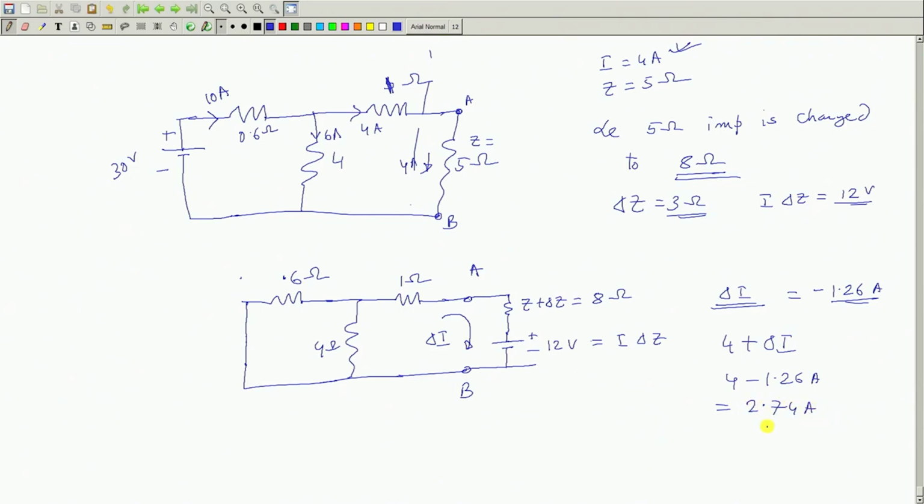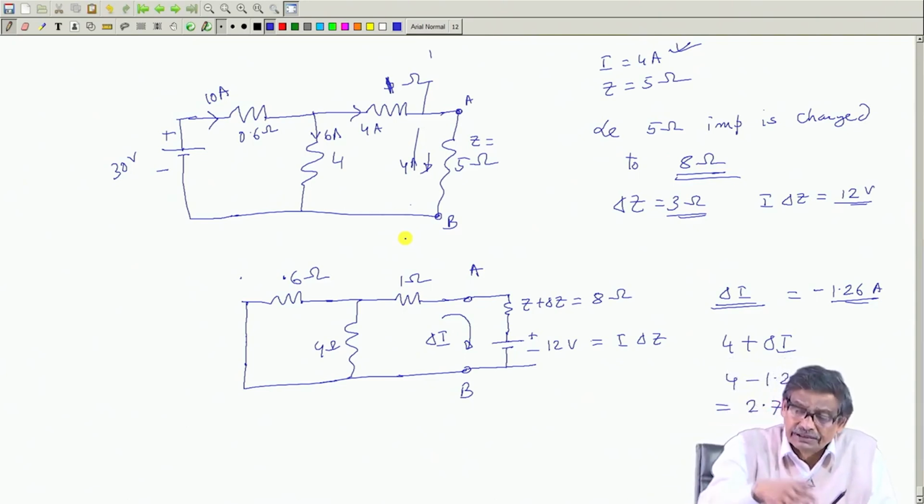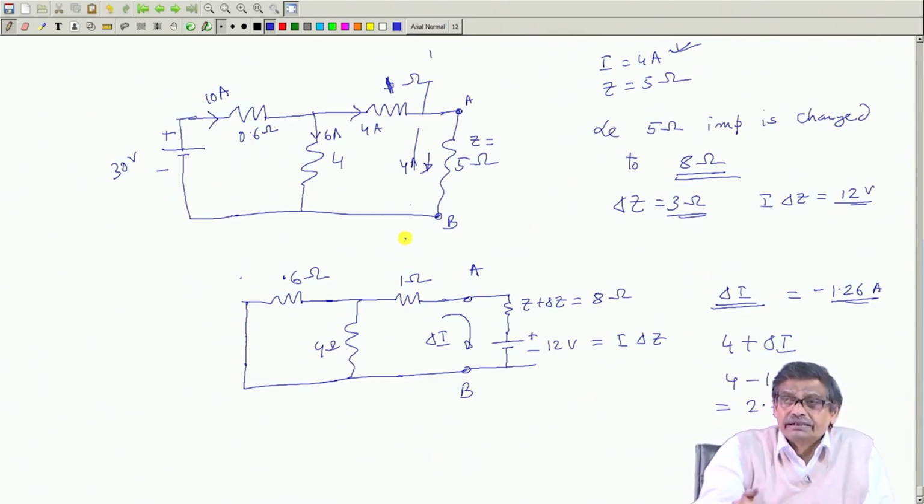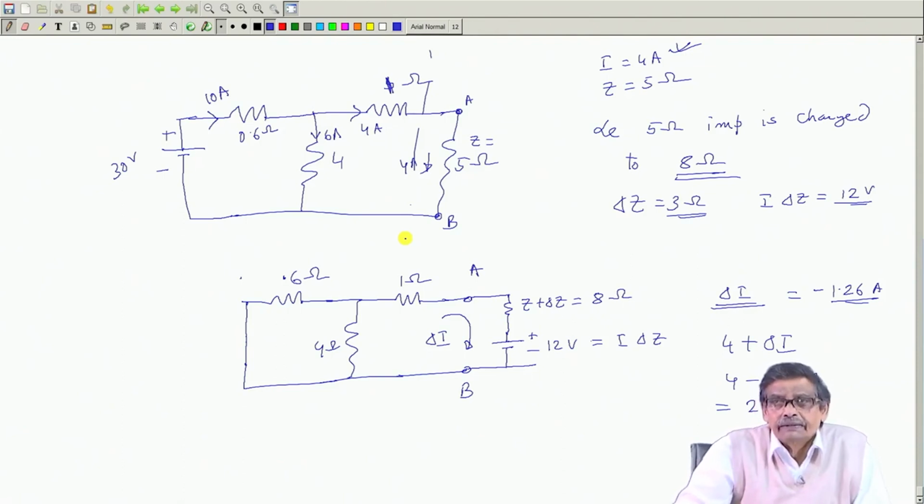Now, you should cross-check with this new value, that is, 8 ohm and 1 ohm in parallel, and it should come the same. See, the idea is that you need not resolve the circuit once again in its totality.